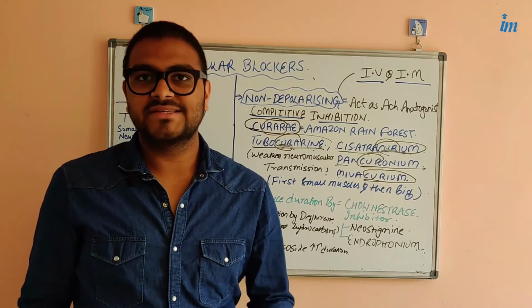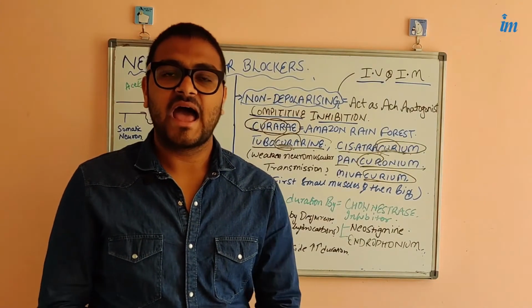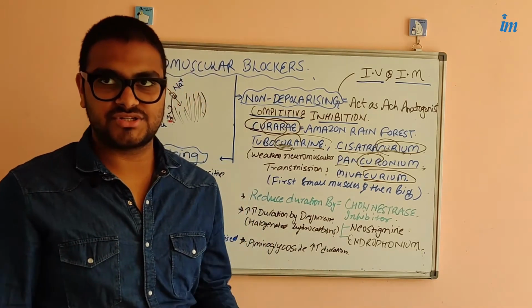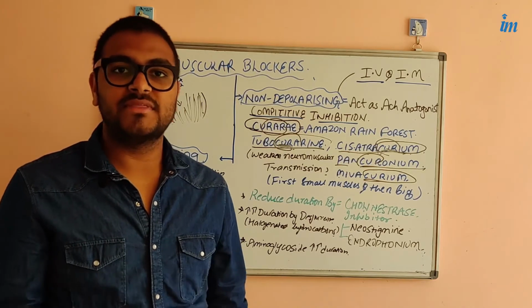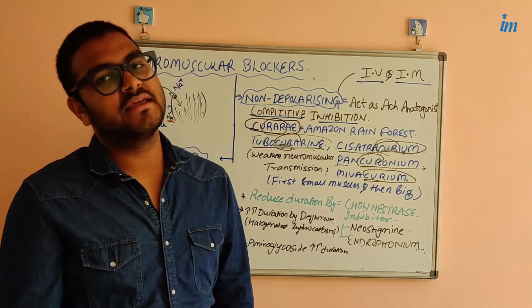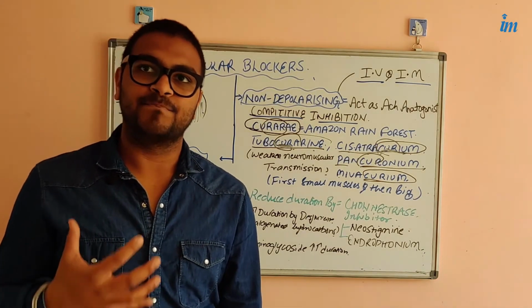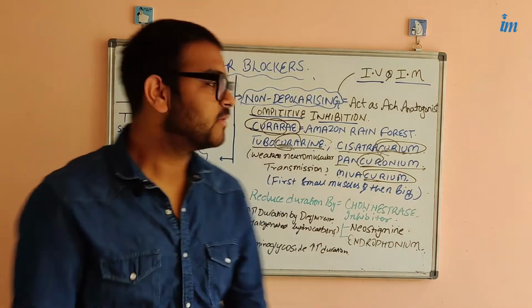So the relaxation occurs from the smaller muscles and then the larger muscles, and when the effect of these neuromuscular agents is reversed, when the effect is eliminated and the muscles recover, they recover in the opposite fashion. The big muscles will recover first, and then the small muscles will recover later on.